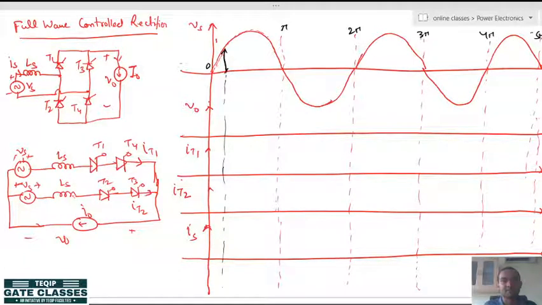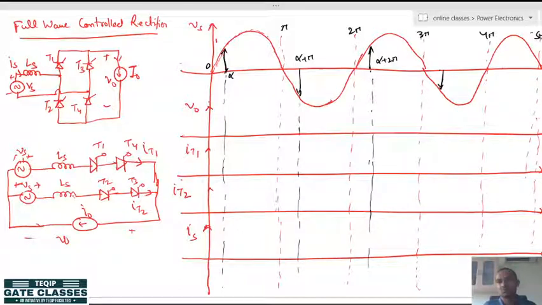So, this is alpha, alpha plus pi, this is alpha plus 2 pi, and so on.